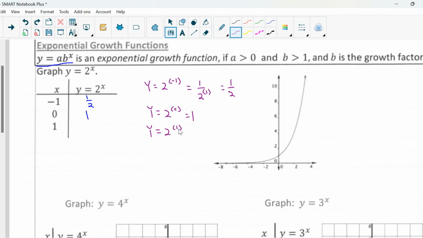So if we have 2 to the first power, we are just going to have 2. And if you would like, you can check over here on the graph at -1. It does look like we're at 1/2. At 0, we're at 1. And at 1, we are at 2. So that's going to be our process throughout this entire lesson.